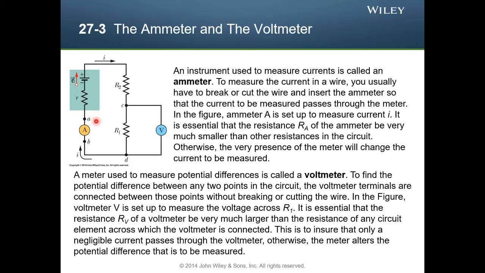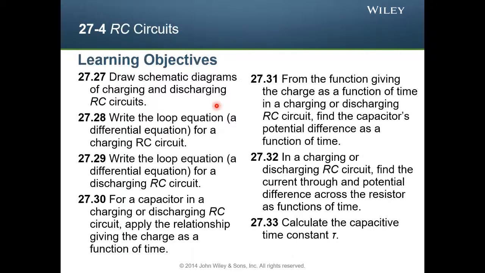And contrarily, the ammeter should have a very small intrinsic resistance, so that it doesn't really change the current going through this part, because originally the voltage across this part is fixed. If you have a large resistance, then the current going through this part will be altered by the resistance of the ammeter. So this is the ammeter and voltage meter.